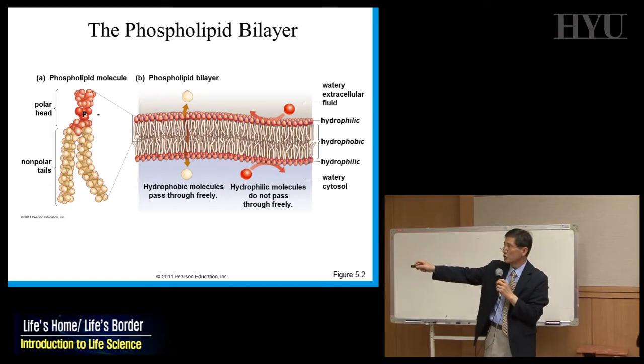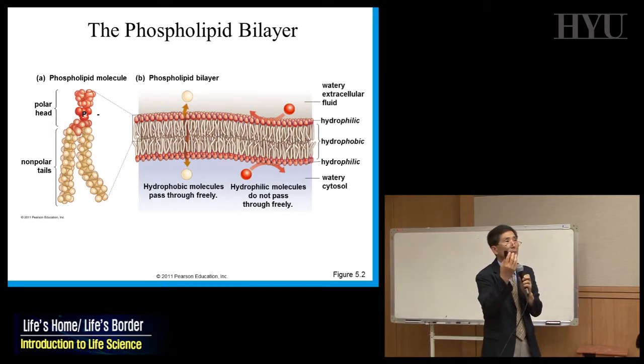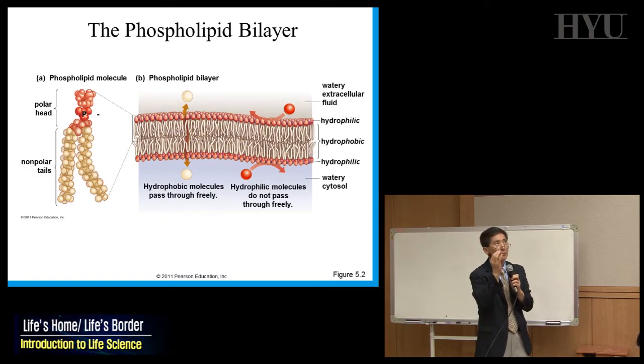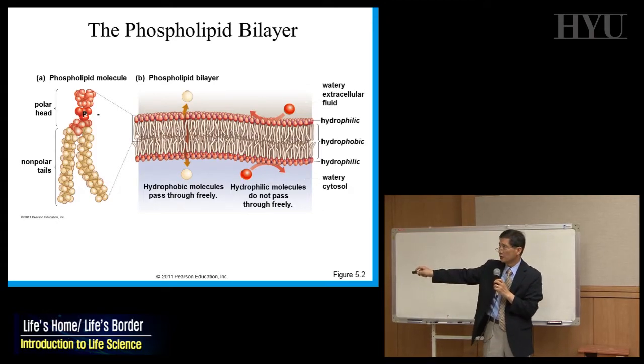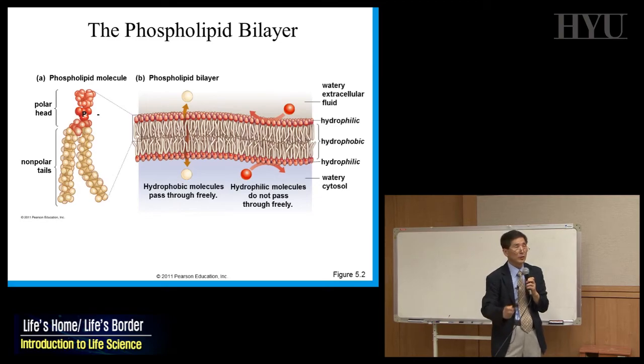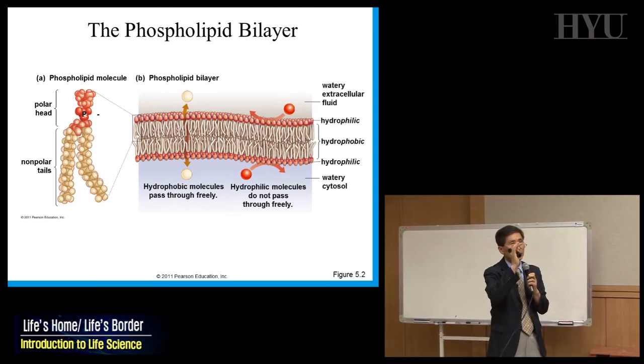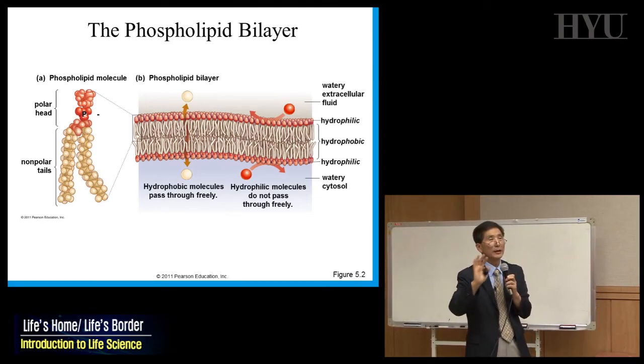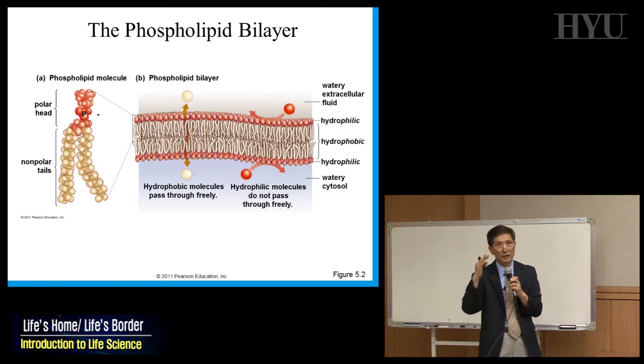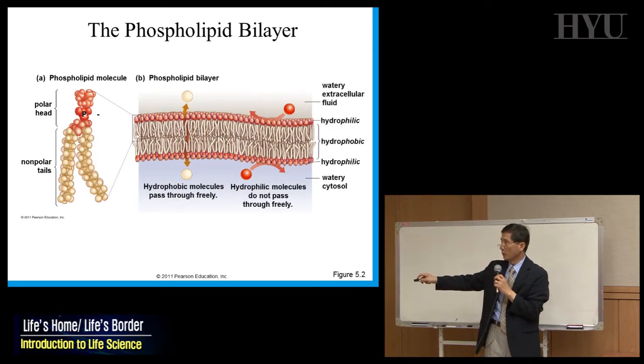That gives you charge and also polarity. So it becomes polar, which means they like water, hydrophilic. These 2 tails, because they don't have anything else but carbon and hydrogen, are nonpolar, they are hydrophobic.